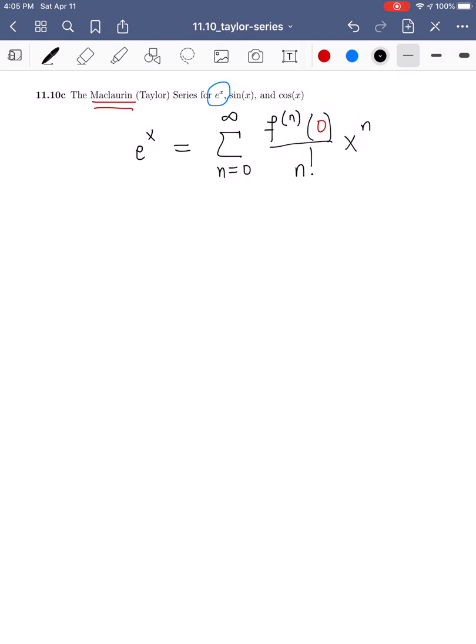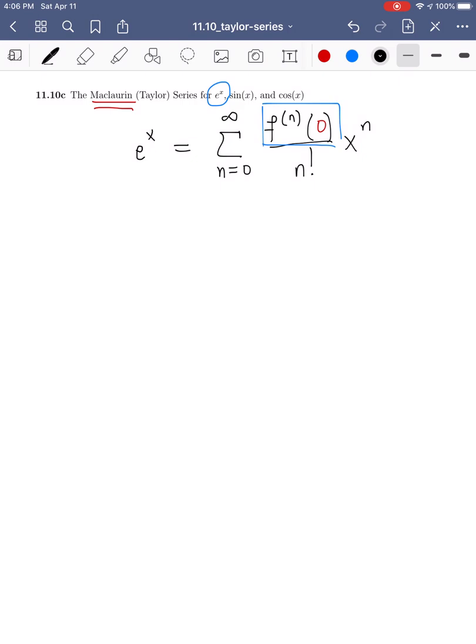So the name of the game is we need to compute a bunch of these derivatives, divide by the corresponding n factorial, and figure out what each of these coefficients are for e to the x. So let's go ahead and start doing this now.